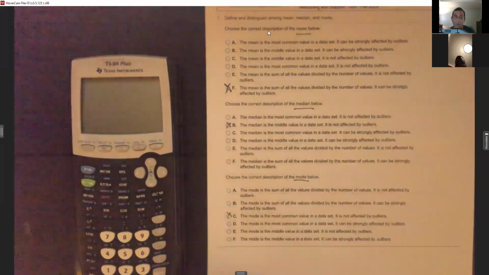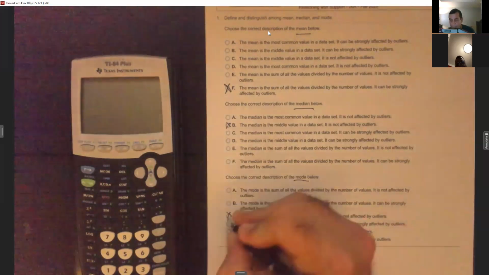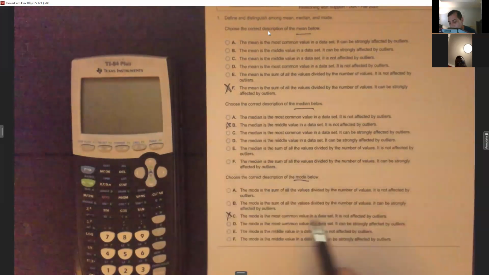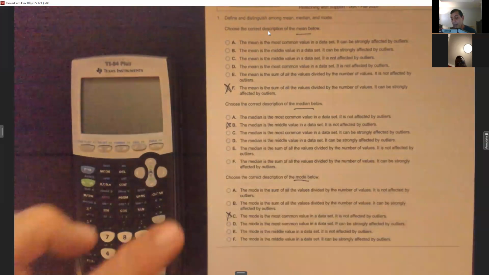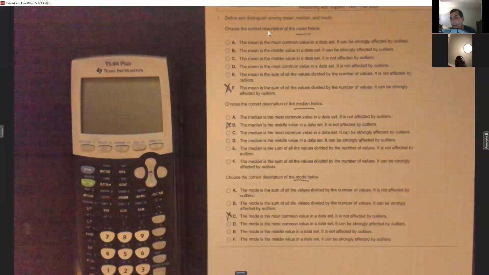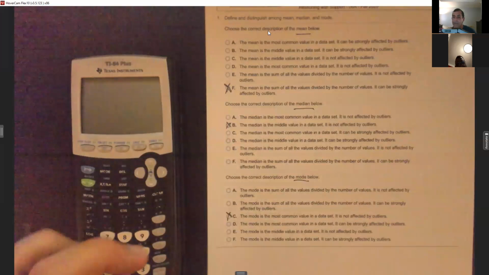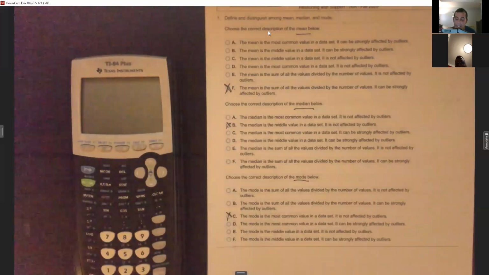We said that was the most common value, the one that happens the most, and once again it was not affected by outliers, so I picked C on that one. They're going to give you two choices for each, and one will be affected by outliers, one won't be. So just remember, mean is affected by outliers; median and mode are not affected by outliers, okay?